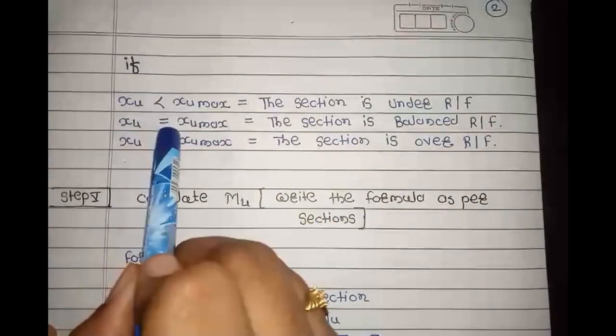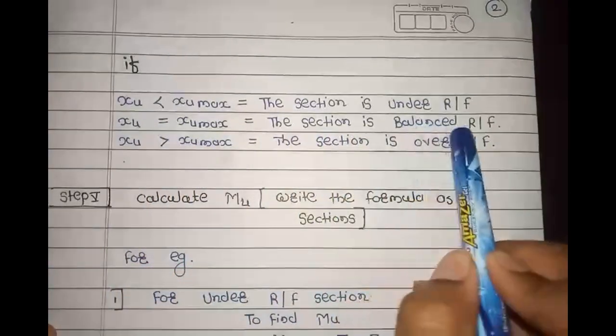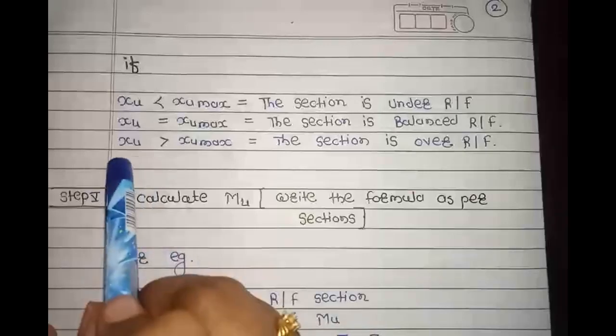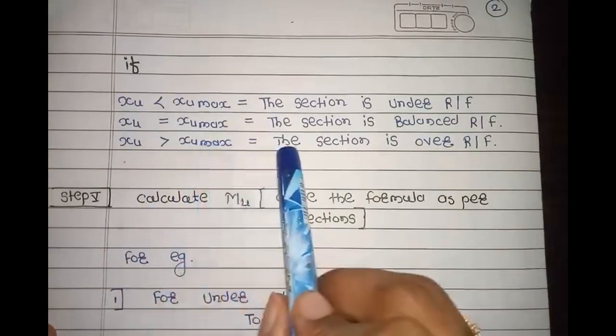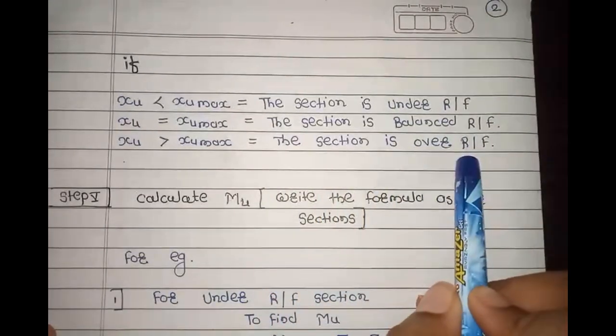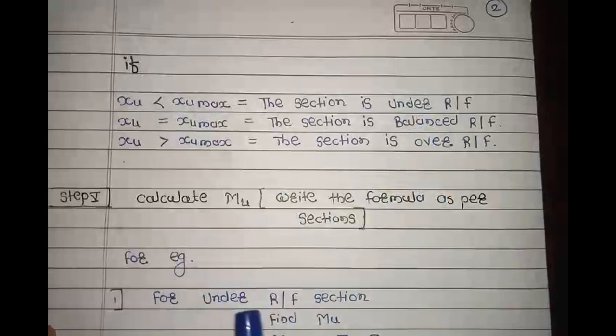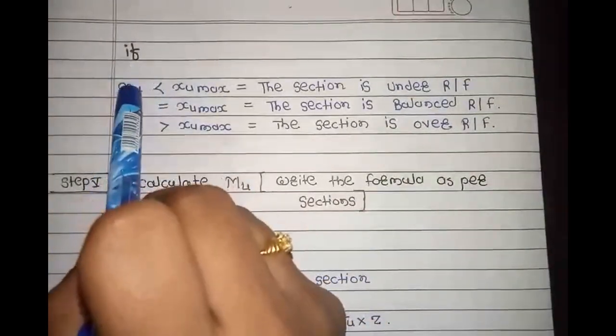If XU is equal to XU max, then the section is balanced reinforced section. If XU is greater than XU max, then the section is over reinforced section. Okay, XU is the depth of neutral axis.